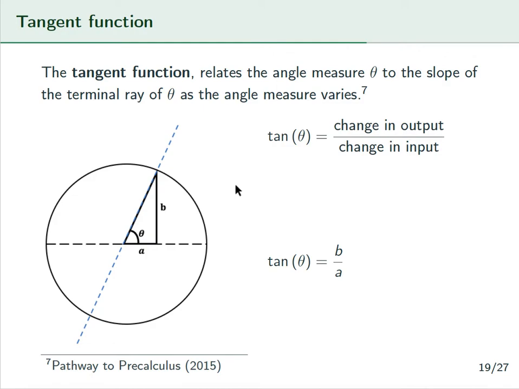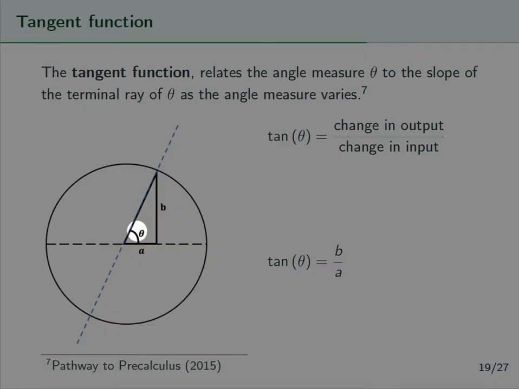If you look at this diagram, I have this angle theta, and this angle creates, again, a terminal ray. And tangent, as an output, provides the slope of this ray. That's the definition of the tangent function.